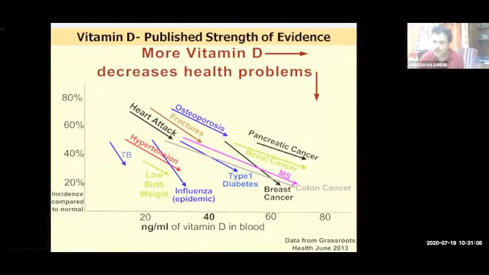Now, when you are using vitamin D, nowadays it is said that it has a lot of other actions apart from its effect on the bone and calcium metabolism.